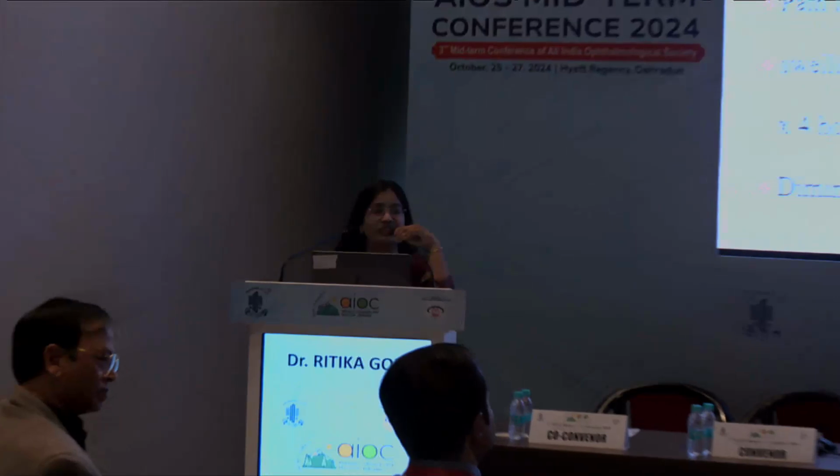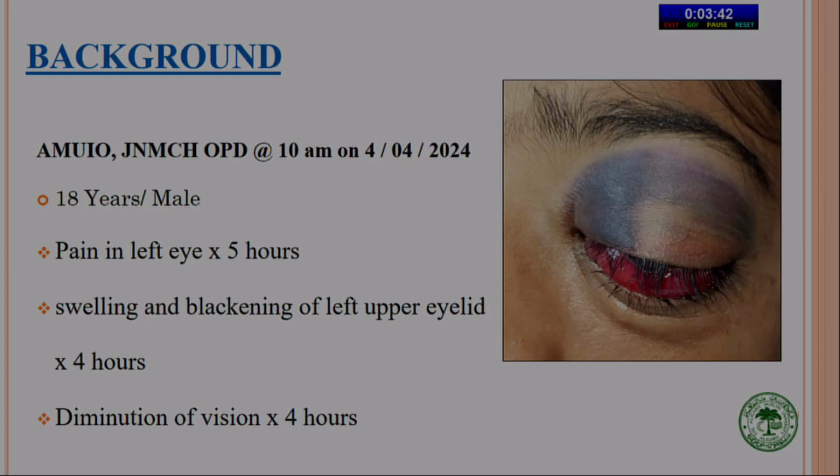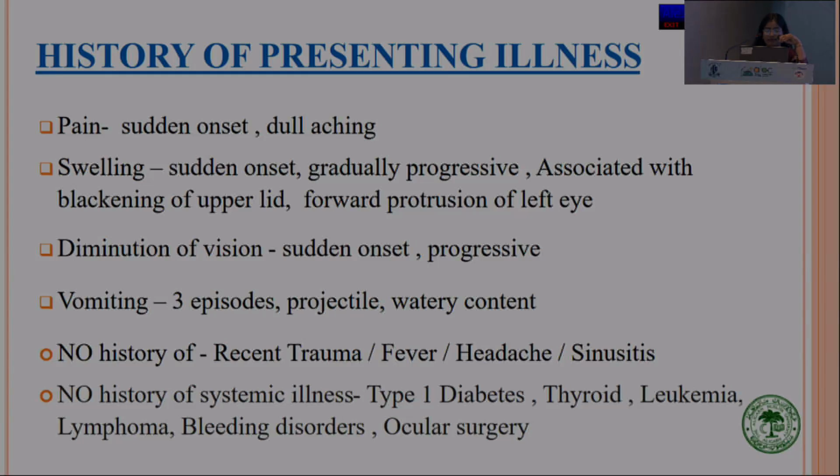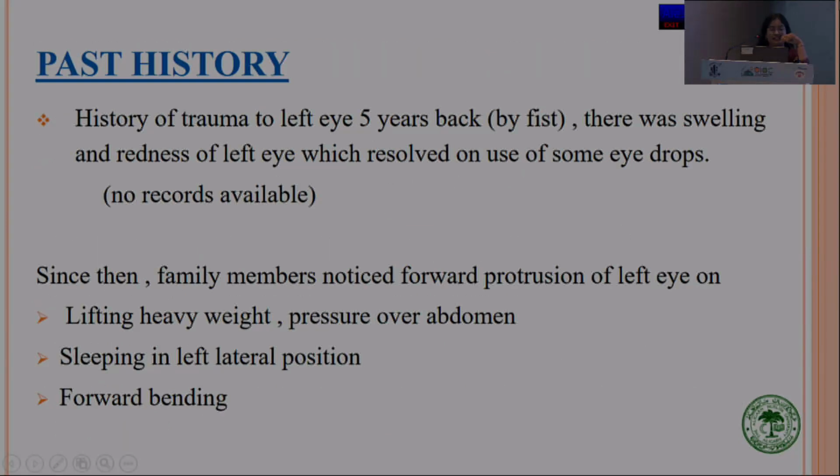Good morning everyone. Let me tell you a story of an 18 year old male who presented to our OPD with complaints of pain in left eye followed by swelling and blackening of left upper lid and diminution of vision, which was sudden in onset. It was associated with 3 episodes of projectile vomiting. There was no history of recent trauma, fever, headache or sinusitis or any other systemic illness.